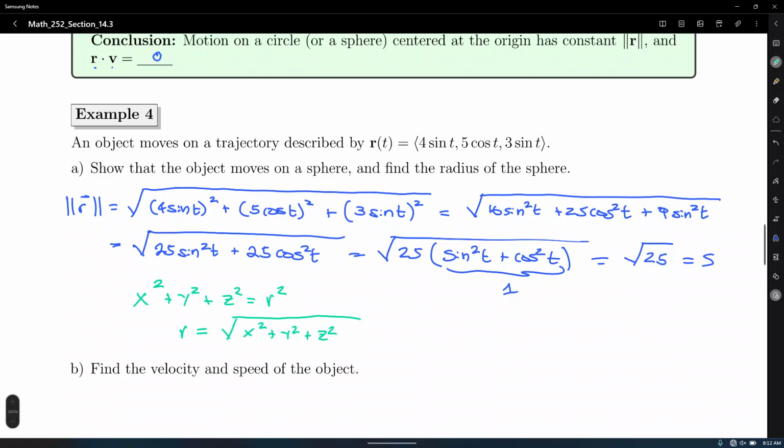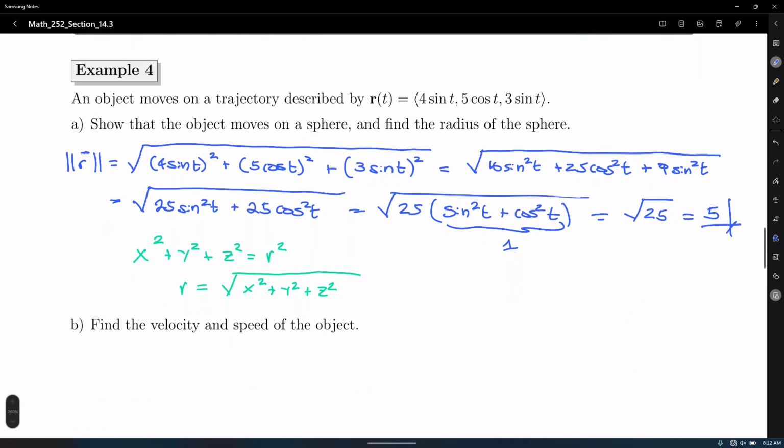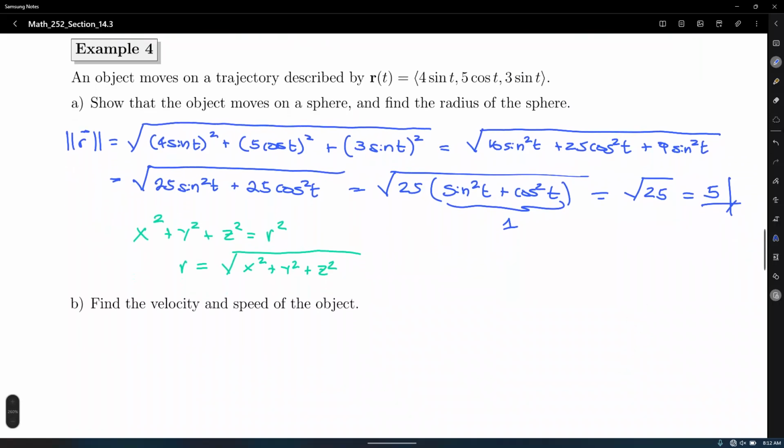That is, we're getting r, which is a number, not a variable. Like in this case, we're getting a constant, which should be a 5. So with this, we show that this is traveling along a sphere because we end up having a constant radius, so to speak.